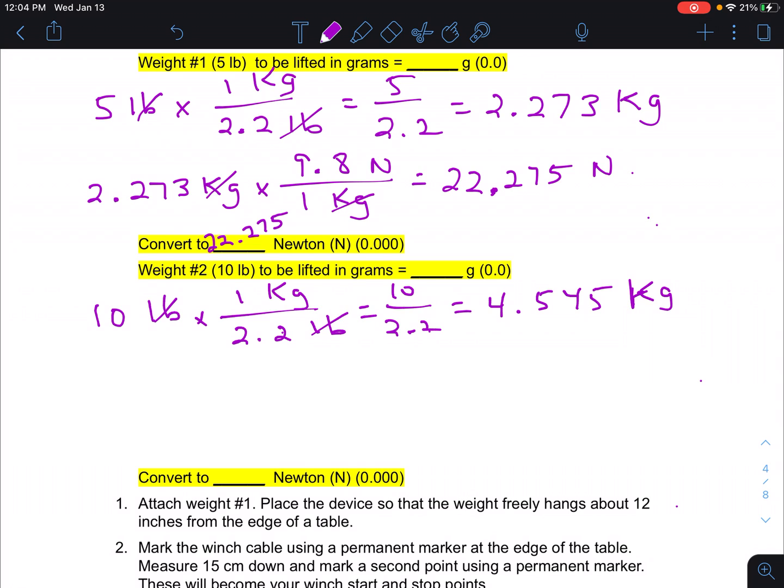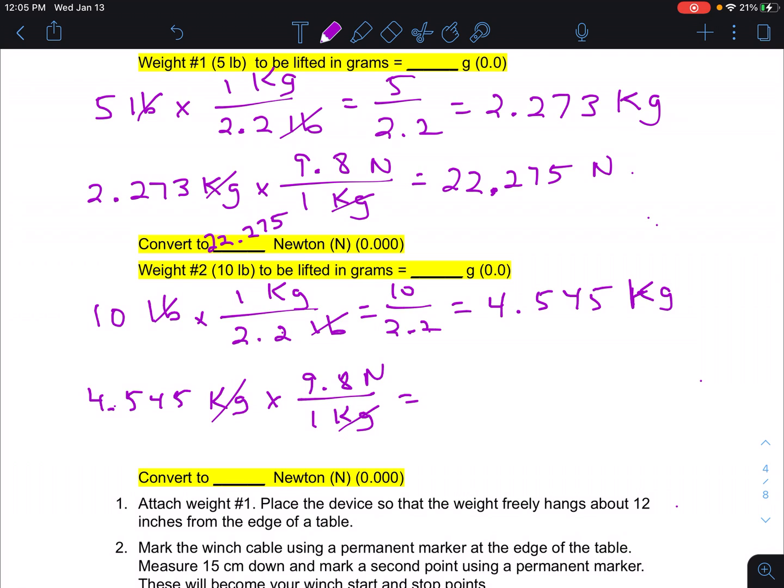And then we're going to convert that to newtons. So 4.545 kilograms. And our conversion is that there are 9.8 newtons for every 1 kilogram. And that will cancel kilograms. And we get 4.545 times 9.8.